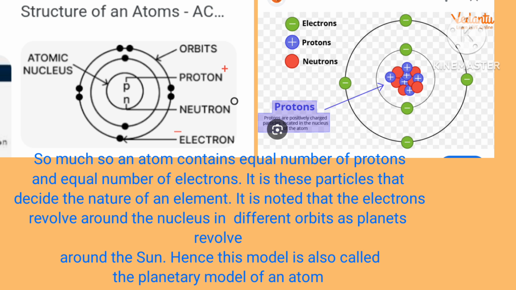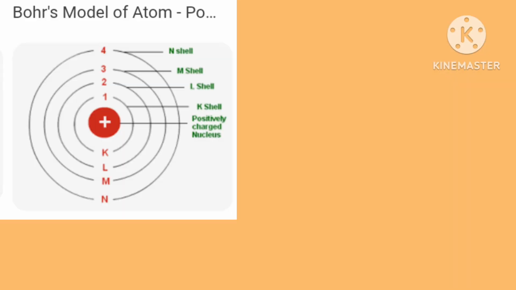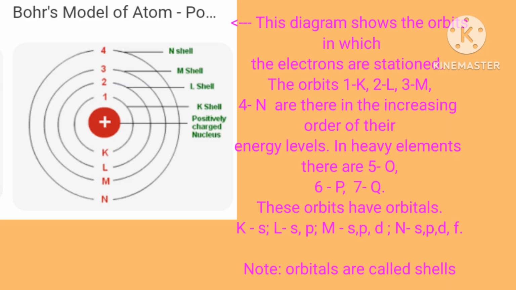It is noted that the electrons revolve around the nucleus in different orbits as the planets revolve around the sun. Hence, this model is also called the planetary model of an atom. This diagram shows the orbits in which the electrons are stationed.